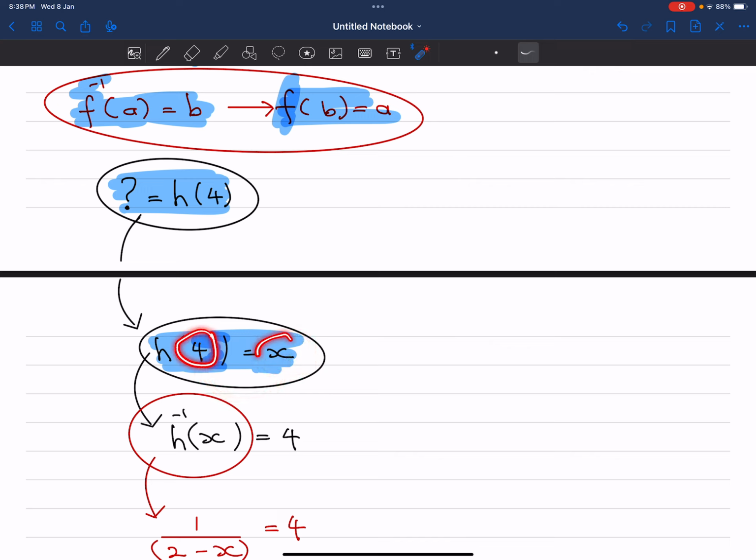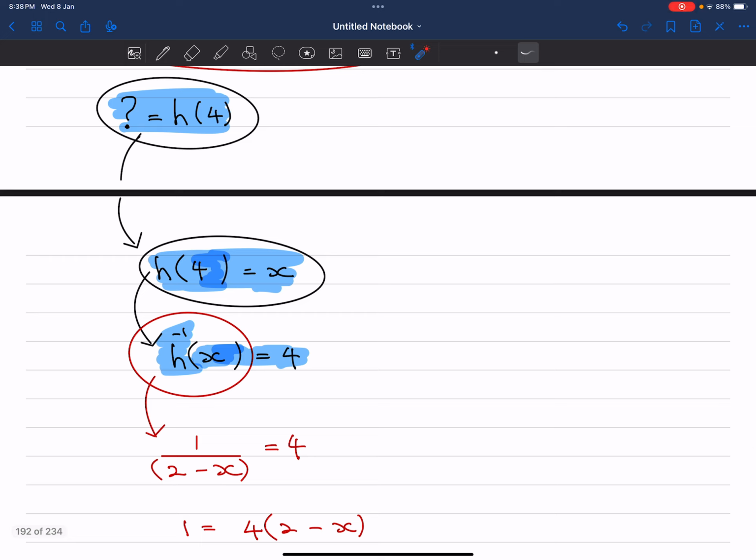So I exchange x and 4. The function h now has become h inverse. So from h(4) equals x, I've changed it to h inverse x equals 4.